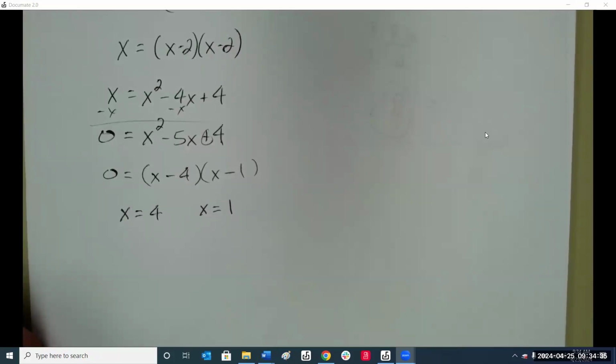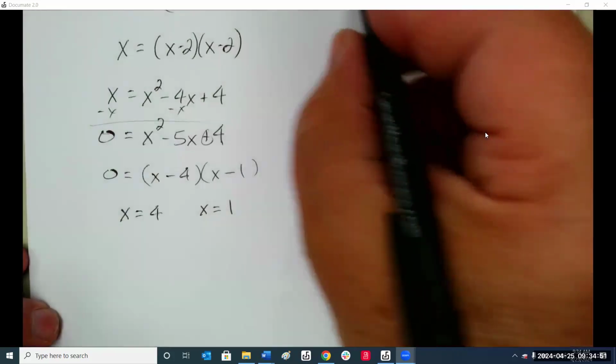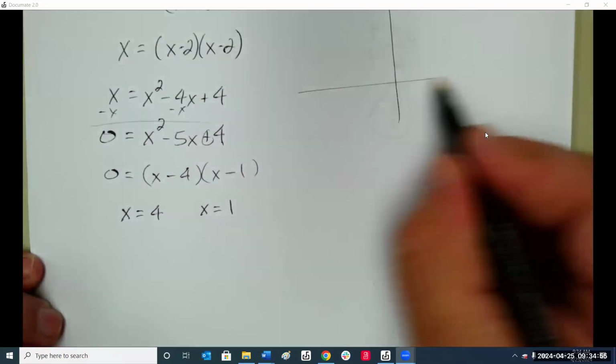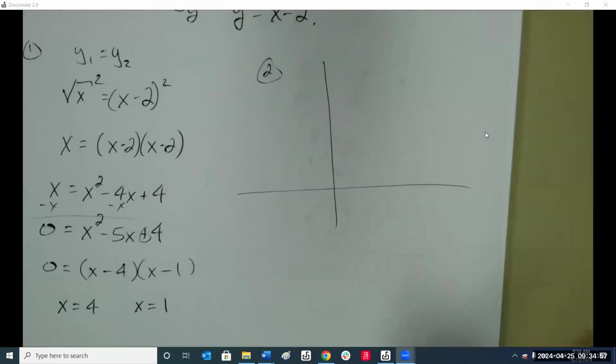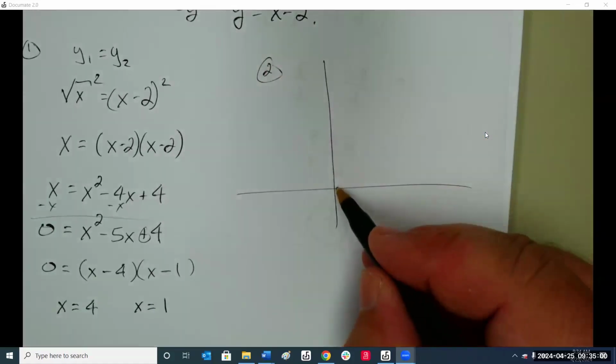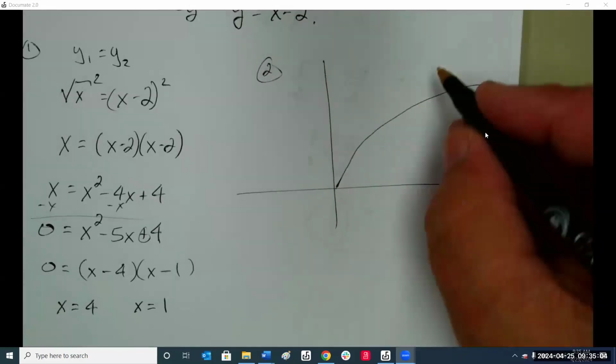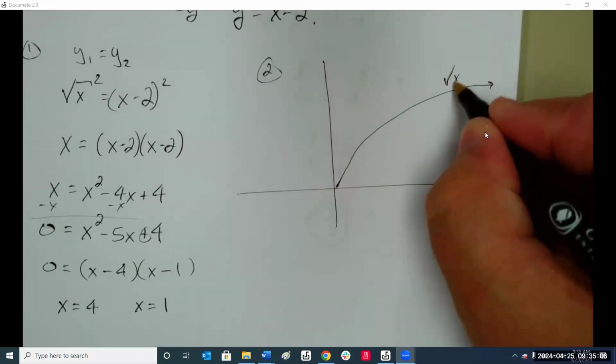So the points of intersection, or I say the intercepts, are at 4 and 1. But what's the problem with that? If we drew the graph of this thing, the first one, square root of x, looks like this. That's the square root of x.